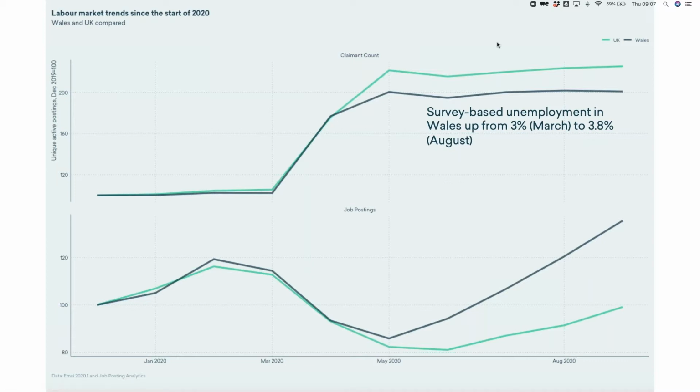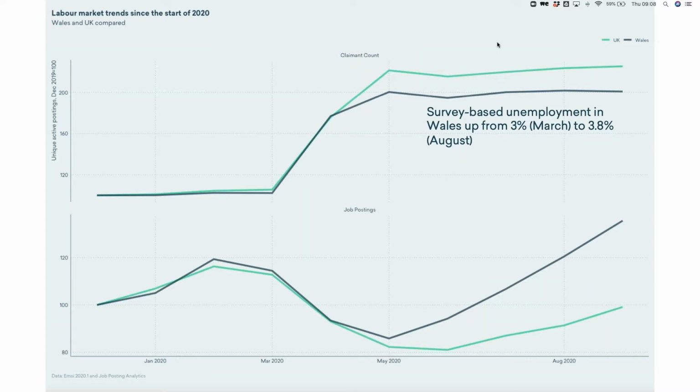The bottom part of the chart is then looking at online job postings, and we use this as a measure to see how the economy is responding. Now, it's not the only measure, but as you'll appreciate, if people are hiring, then they tend to be in a pretty decent place. So we use that as one of the indicators to see how the economy is performing.